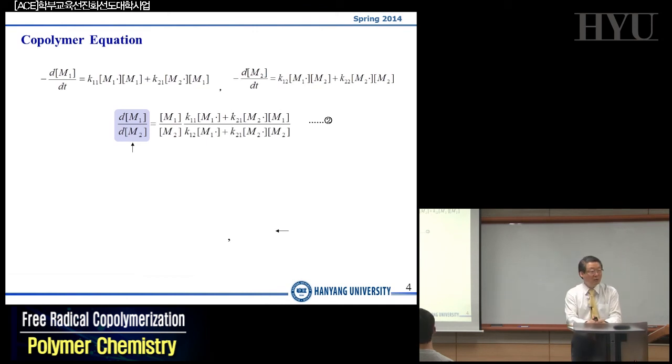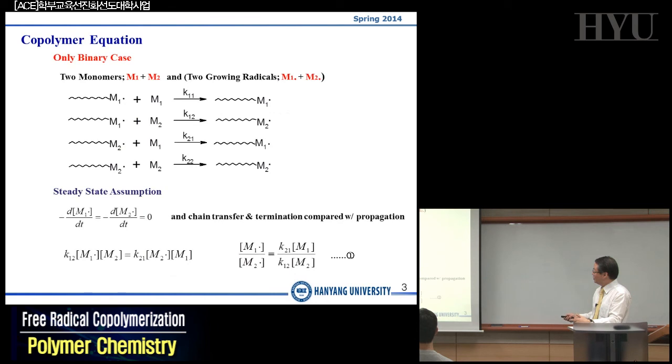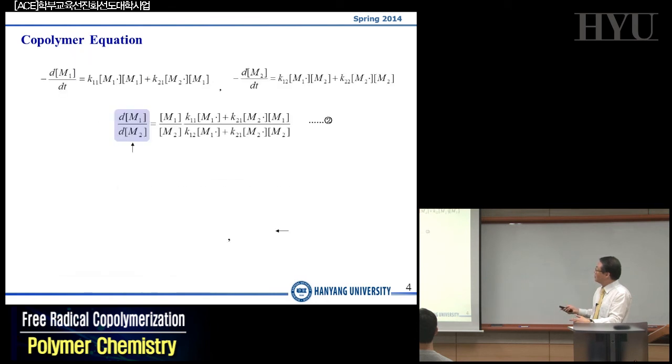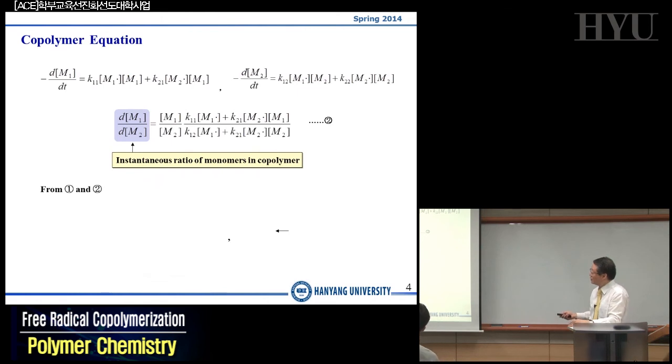Now, M1 dot and M2 dot should be eliminated in our copolymerization because we always have done that, right? So in the final equation, we need to derive this equation. If we combine the first equation and the second equation, then we can come up with some other equations.